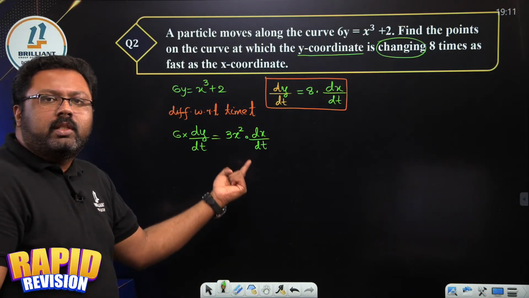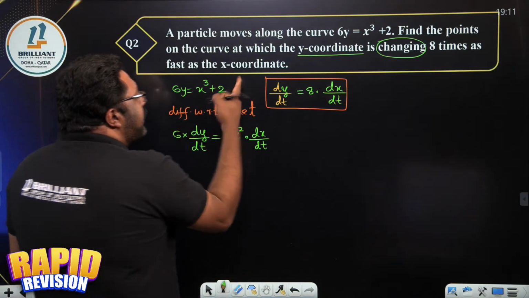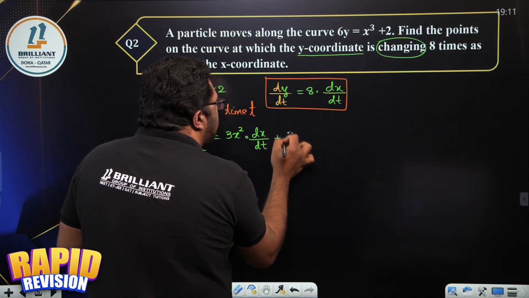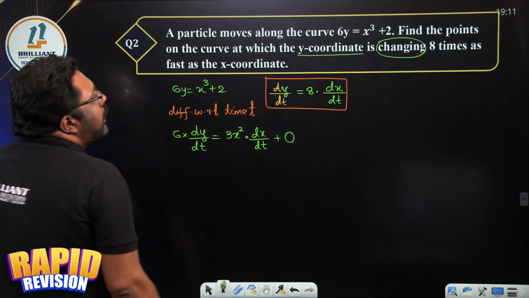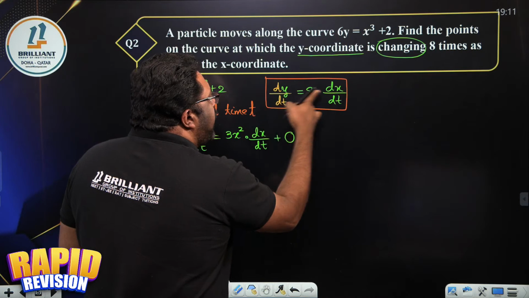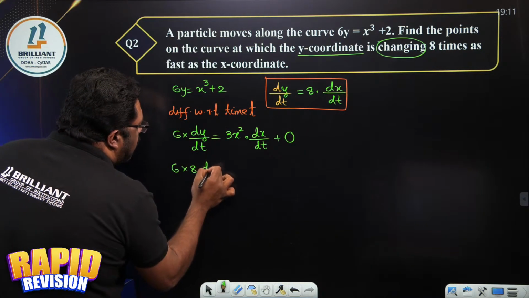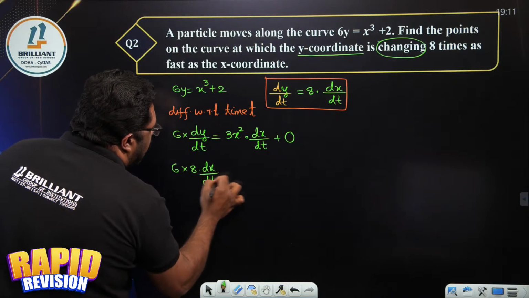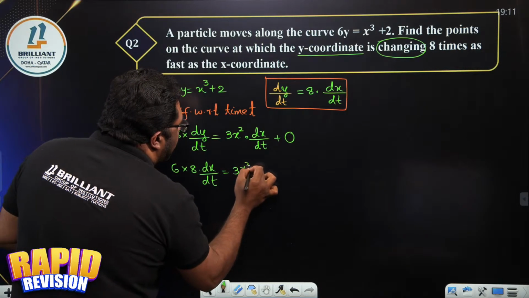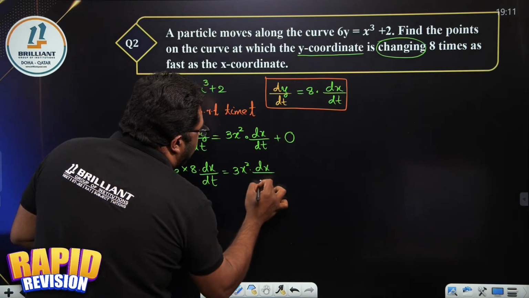Why? Because we're changing with respect to time. And what's the derivative of a constant? Obviously that is 0. Now I have dy by dt as 8 times dx by dt. 8 times dx by dt equal to 3x squared dx by dt.